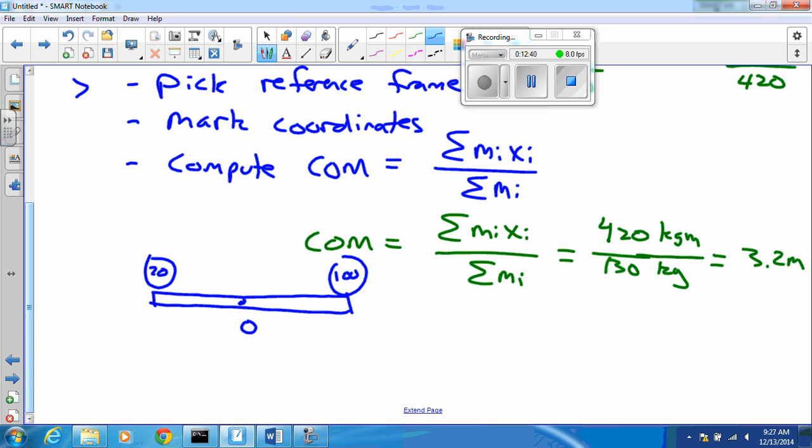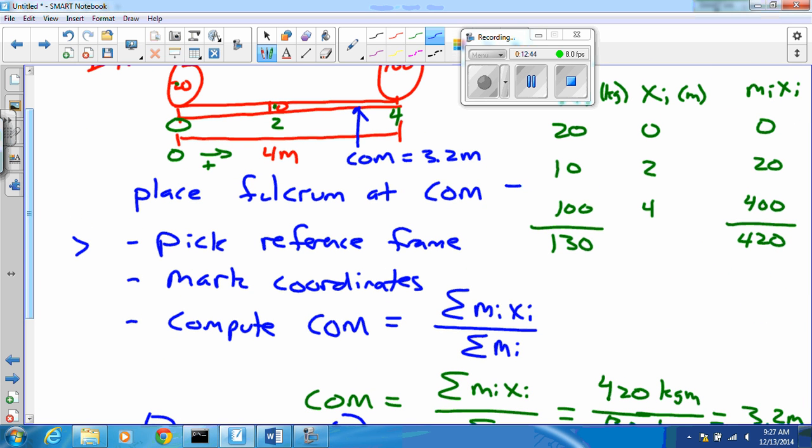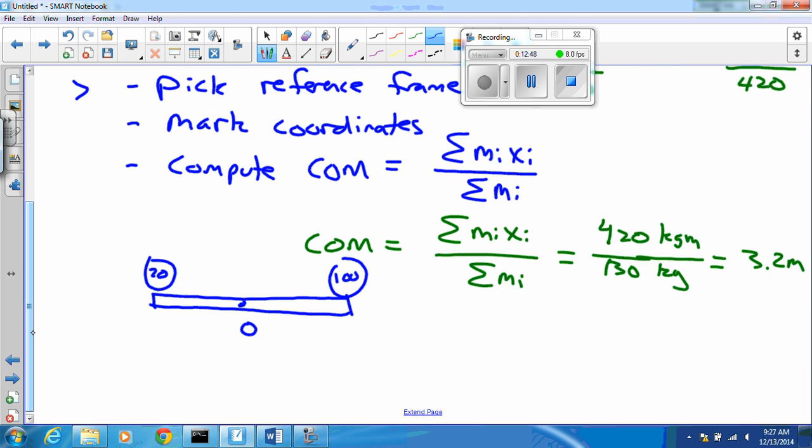Put 0 in the center of the plank of the seesaw, and rework this problem, finding the center of mass, using the same table format that we did for this. Pause the video at this time, do your computation, and when you come back, then we'll work it through.